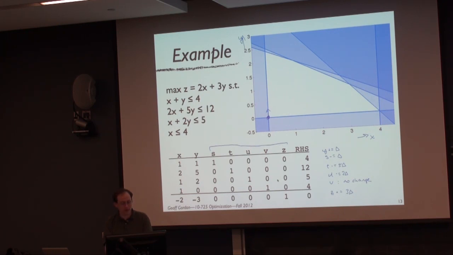How far can we increase y while maintaining feasibility? That's the next question. What we're going to try and do is increase y as much as possible. You can see from the picture that we're going to wind up here. But let's derive that by looking at the Tableau. If we look at this row here, to get s equals 0, we'll have y equals 4.